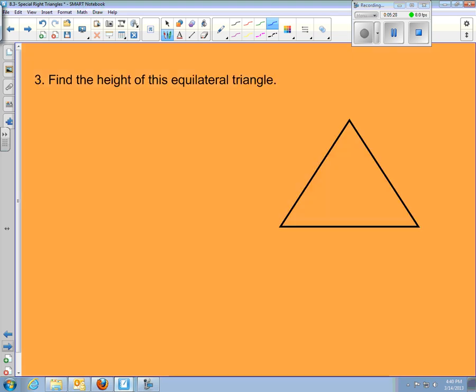All right, to the back side here, if we look at the equilateral triangle, all the angles are 60 degrees. But if I split it, now I've created a 30, 60, 90 triangle. Actually, we've created 2. And we have our short leg here, we have a long leg, and we have our hypotenuse.